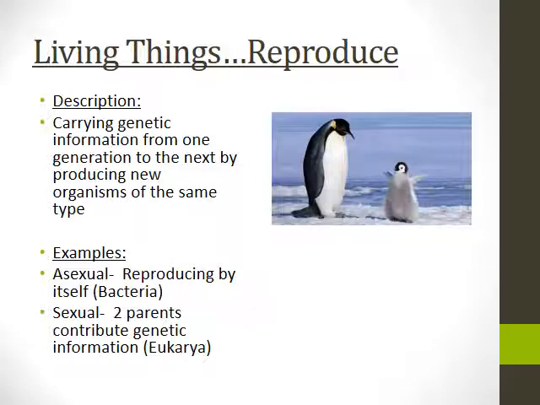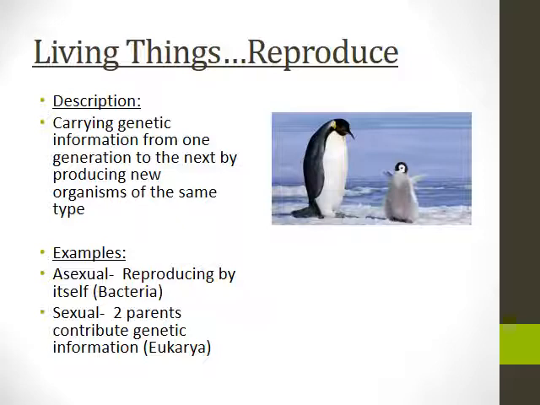All living things reproduce. So, this is simply put carrying genetic information from one generation to the next by producing new organisms of the same type. There are two primary methods of doing this. You have asexual reproduction, which is the organism reproducing by itself. Simply put, imagine making a clone or an exact copy. So the organism splits, and now there are two.